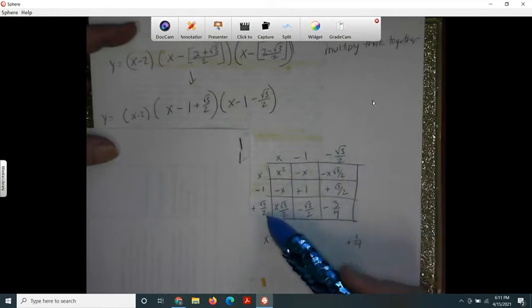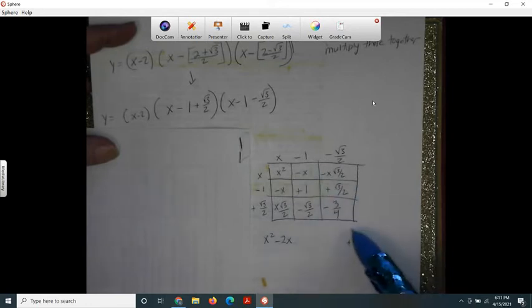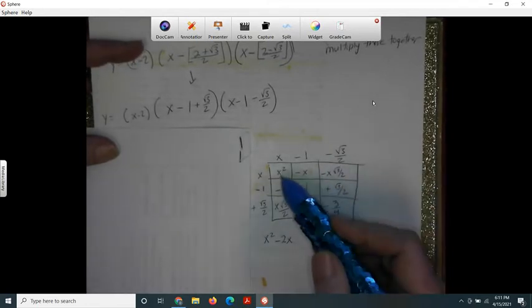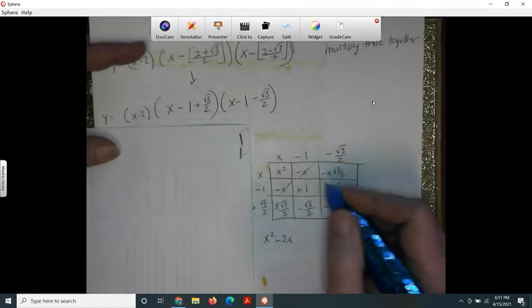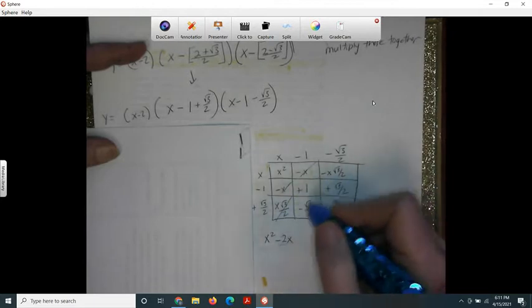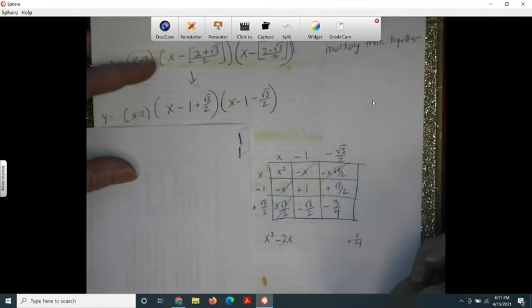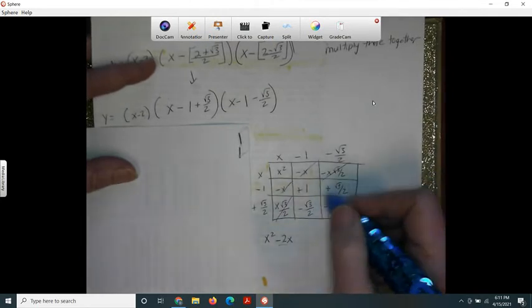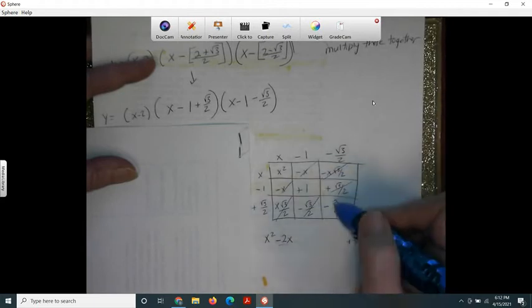I do my area model, and I get the x squared, and then these two x's make negative 2x. The x times root 3 over 2 and the negative x times root 3 over 2 cancel out. The positive and negative root 3 over 2's cancel out, and I get 1 minus 3/4, which is 1/4.